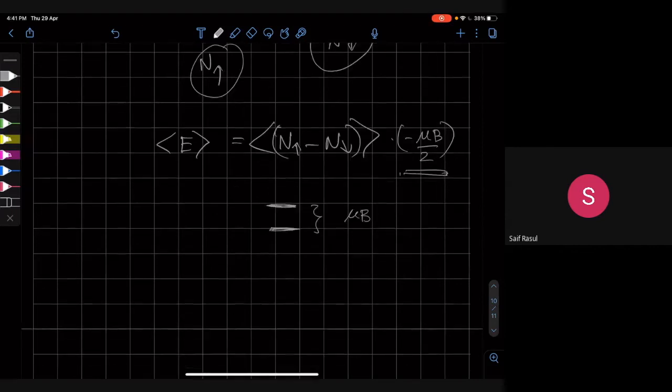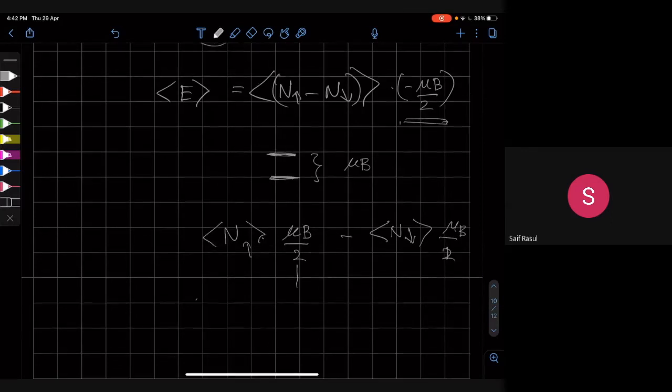So if you have n spin up particles, then the energy associated with the spin up particles is going to be mu b by 2. And if you have n down particles, the energy associated with that would be minus of mu b by 2. And therefore this is the total energy.